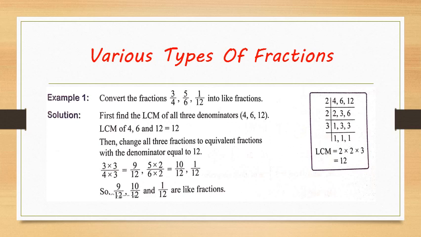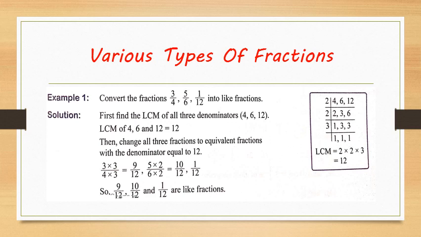Example 1. Convert the fractions 3 by 4, 5 by 6, 1 by 12 into like fractions. According to the method, first take the LCM of the three denominators 4, 6 and 12. So the LCM is 12. Then change all three fractions to equivalent fractions with denominator equal to 12 by multiplying by common factors.